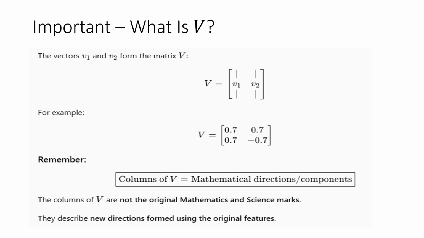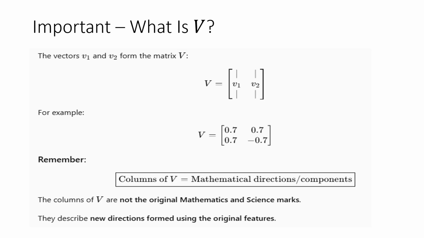In our original matrix, the first column was mathematics marks and the second column was science. But after calculating V, its columns represent new mathematical directions or components based on the original features. The first column corresponds to maths and science in one direction, and the second column corresponds to another direction or another hidden concept.